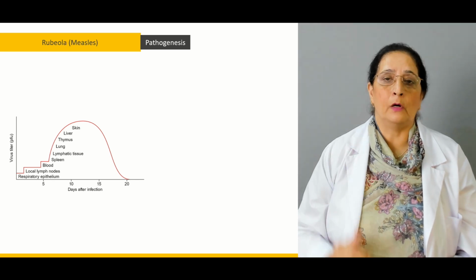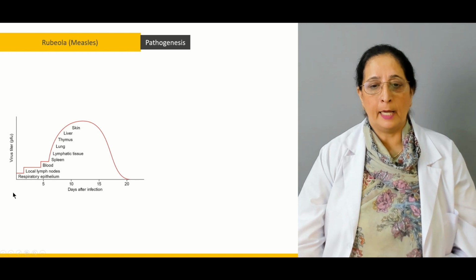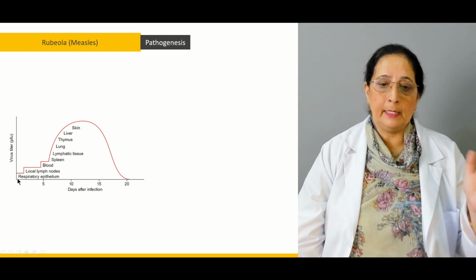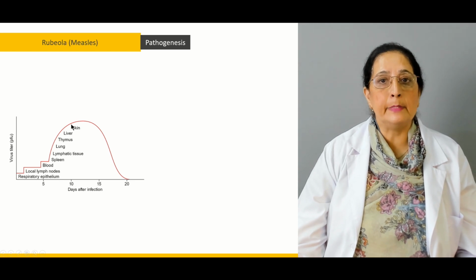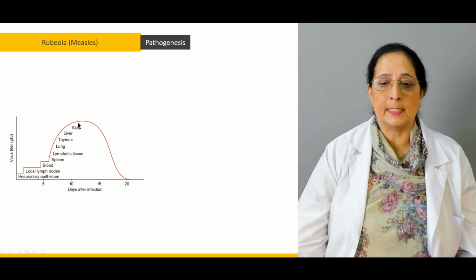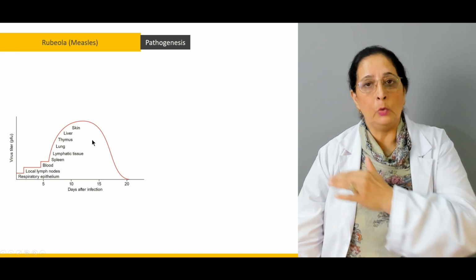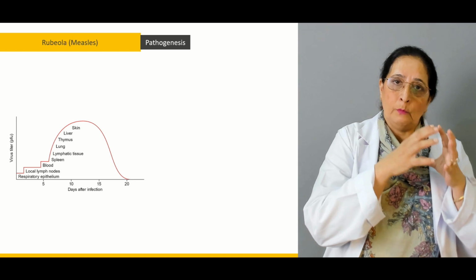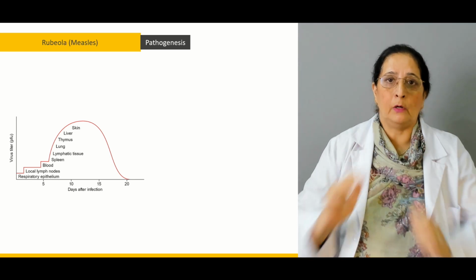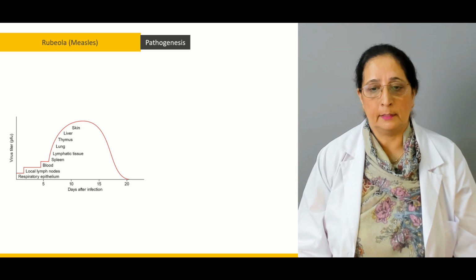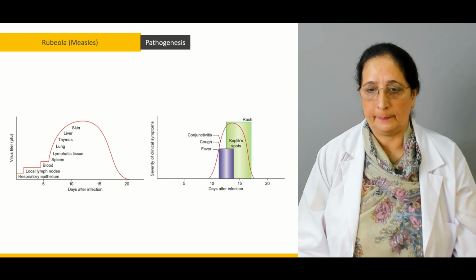All these different organs are affected as a result of infection, and usually from the beginning to about 10 days there is the maximum titer of the virus, and then slowly it comes back to a low level. So from day 1 to 10 is usually the period of maximum viral titer.